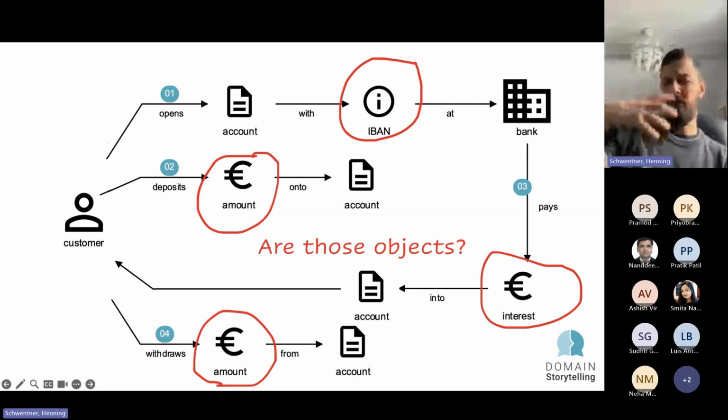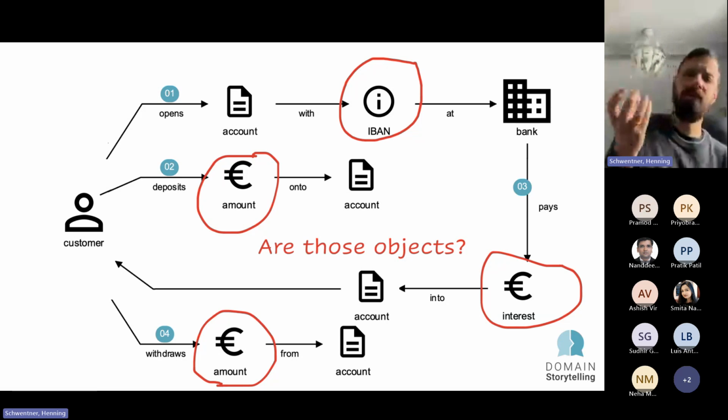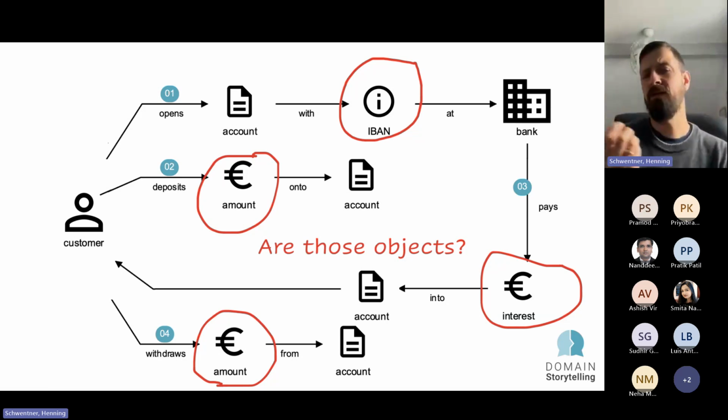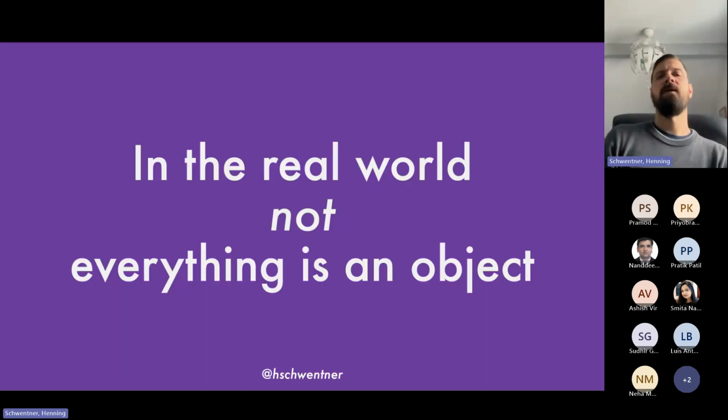Are they objects in the sense of things? Is that something that we can take into our hand and touch? Well, not really. So in the real world, not everything is an object, right? So in the real world, we have other concepts as well, and especially we have the concept of the value here.